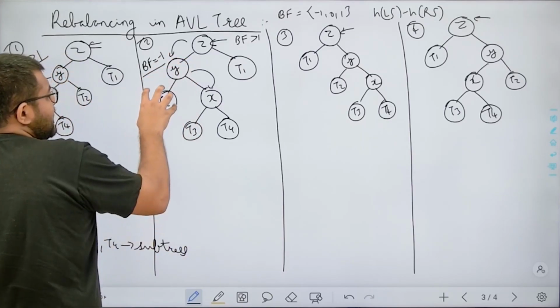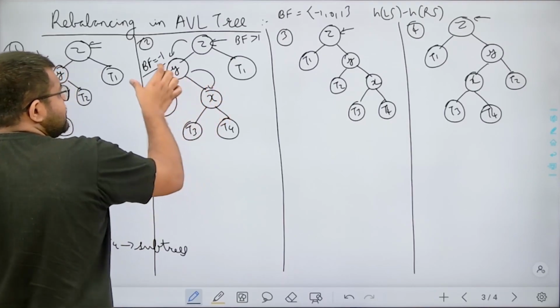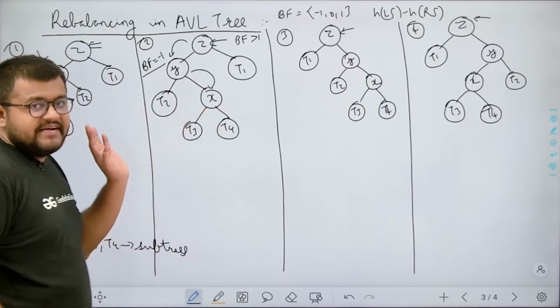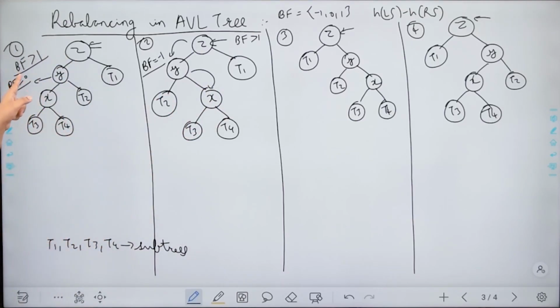So basically the height of this minus the height of this subtree should be -1. At that time only we will select x on the right hand side. If it is 0 or 1, we will select x on the left hand side.